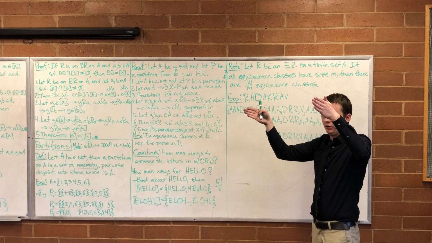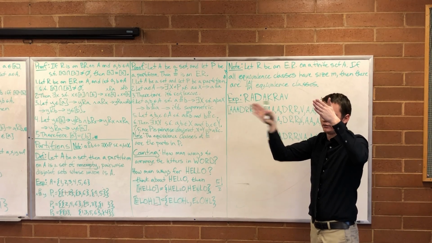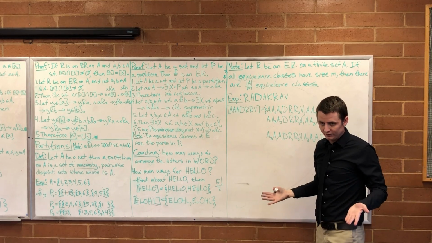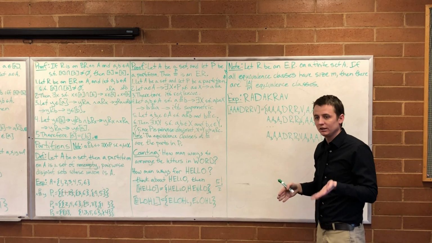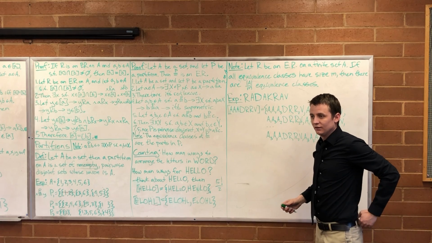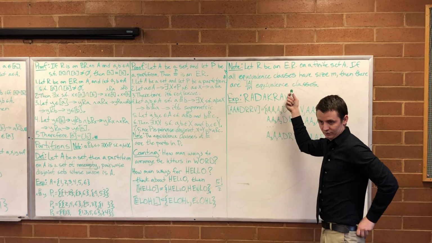If A has 100 elements, and they're divided into equivalence classes of all size 10, how many equivalence classes do I have? 10. I have 10 equivalence classes with 10 members each for a total of 100 elements. Right? That's all we're saying up here.